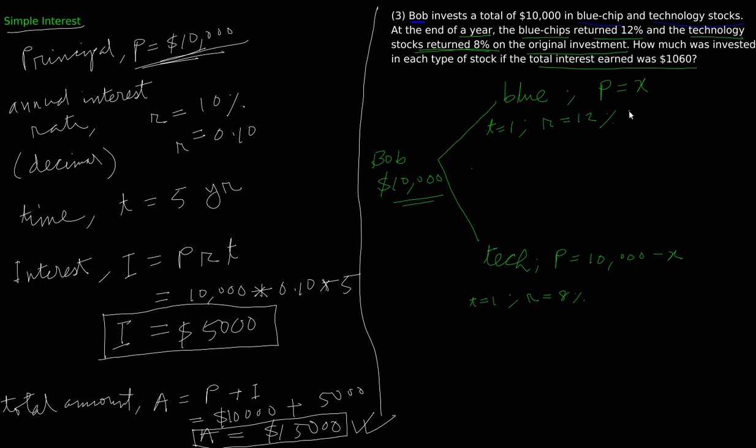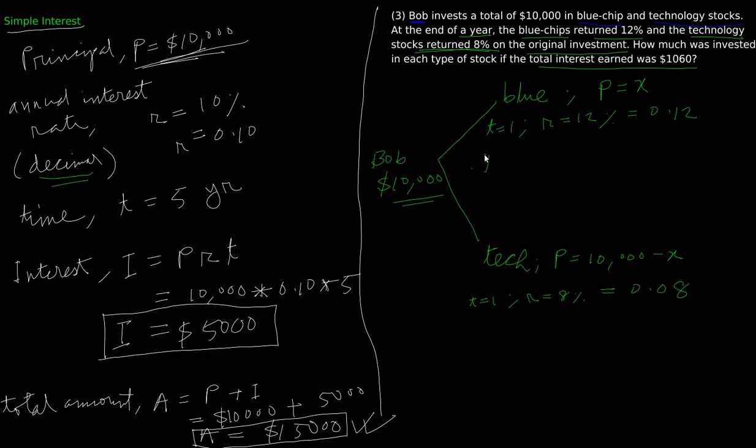R for blue chip is 12%, so 0.12. Remember, we must express it in decimal. R for technology stock is 8%, which means 0.08.